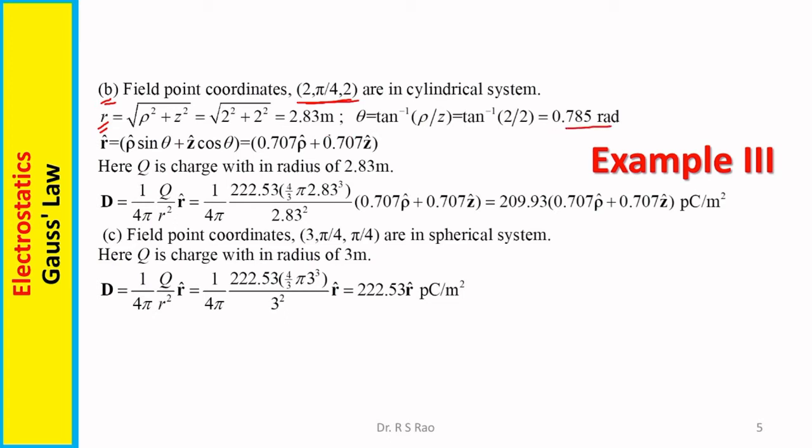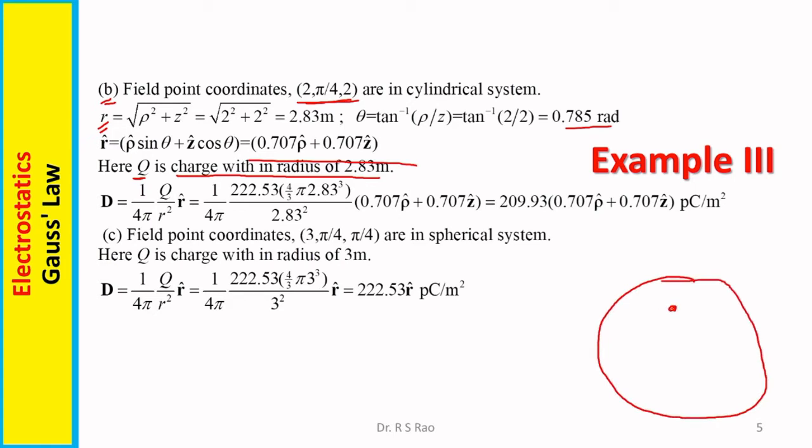From theta, R cap can be found as rho cap sin theta plus z cap cos theta, resulting in 0.707 rho cap plus 0.707 z cap. Note here Q is the charge within a radius of 2.83 meters. See, this is a spherical charge. The point is somewhere here, the field point.